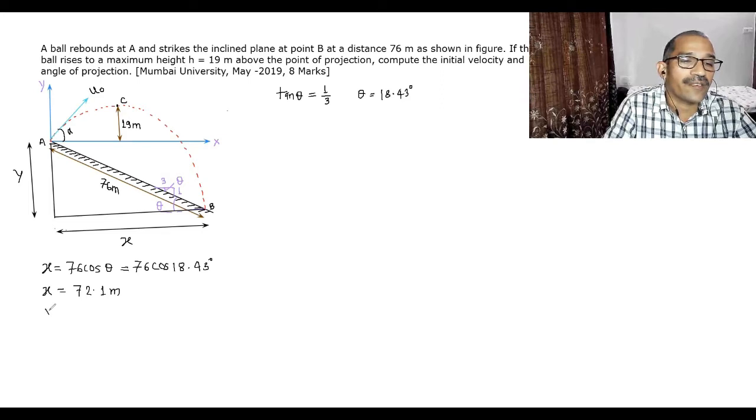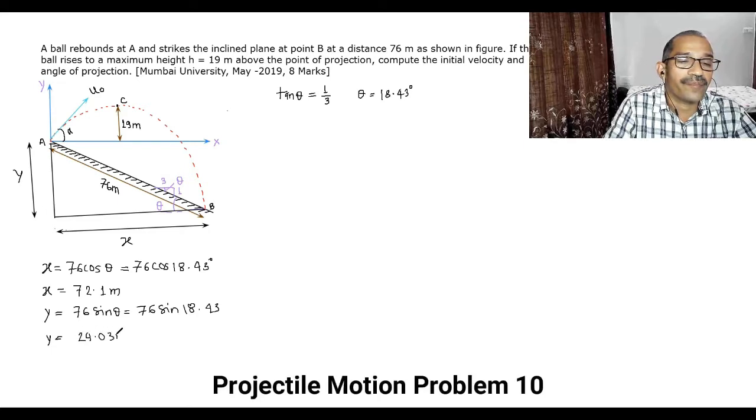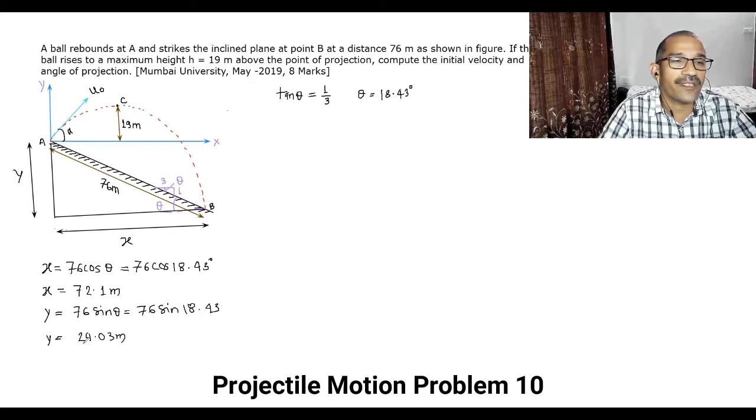And y: the hypotenuse AB is 76, and y is the opposite side, so y is 76 sin theta, 76 sine of 18.43. Calculating this, we get y as 24.03 meter. So you know the x distance and the y distance.